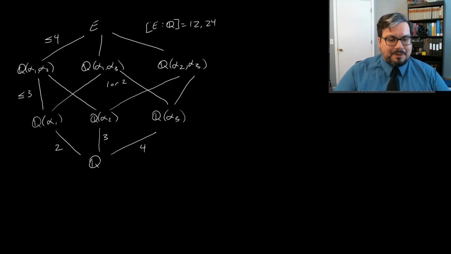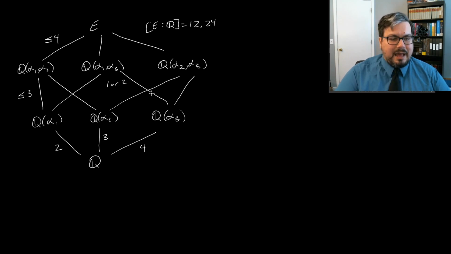Now, if that happens, then when we follow the paths of the extension fields from Q to Q(alpha 3) up to Q(alpha 1, alpha 3), we will either have a combined degree of 4 or 8.